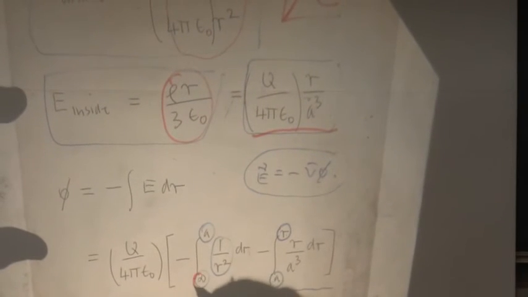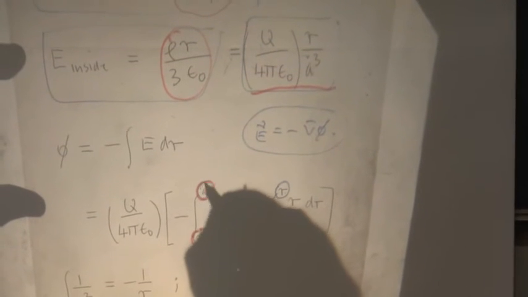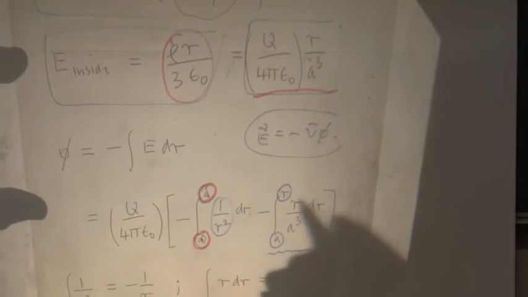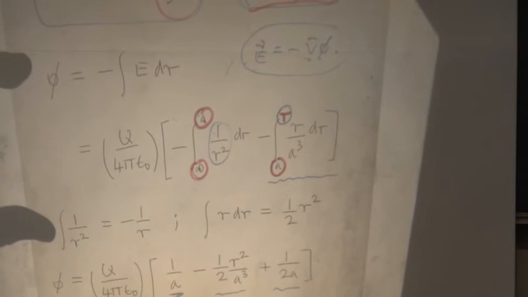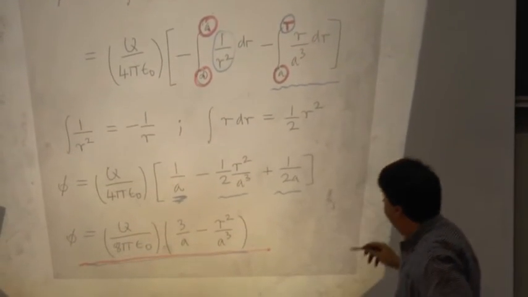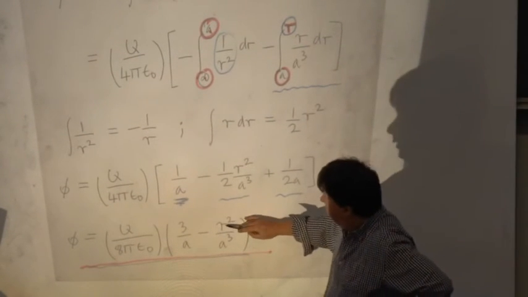The potential, you see now, is determined partly by bringing the charge up from infinity to a, and that's the 1 over r squared integral from infinity to a, and partly by bringing the charge from a to r. So this is the correct potential function for the case of a sphere.